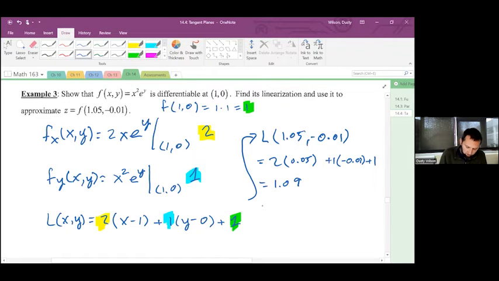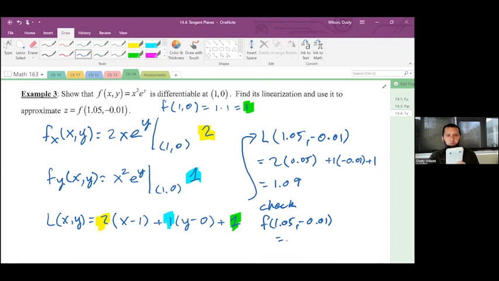We can compare, it definitely makes sense to check. So to check, we will find f of (1.05, negative 0.01) using our calculator. So I have 1.05 squared times e to the negative 0.01.